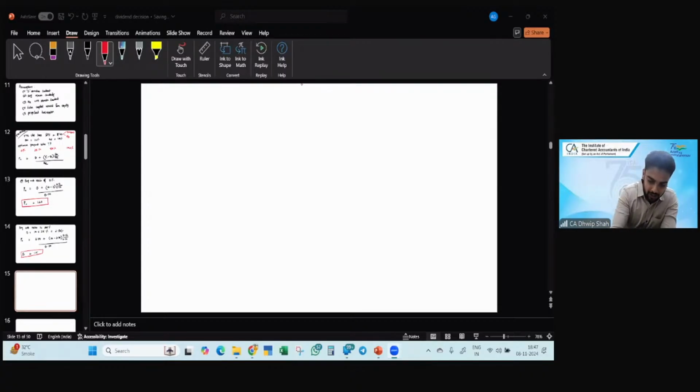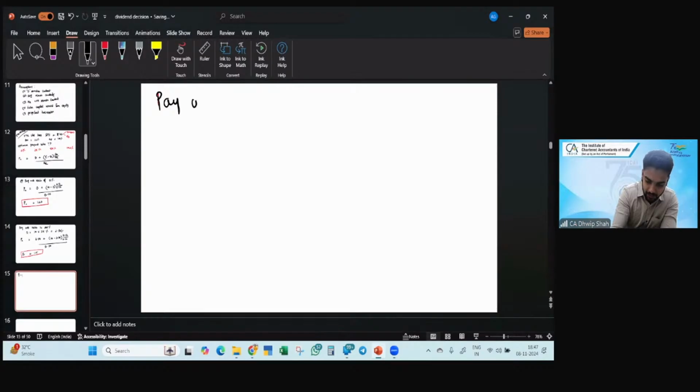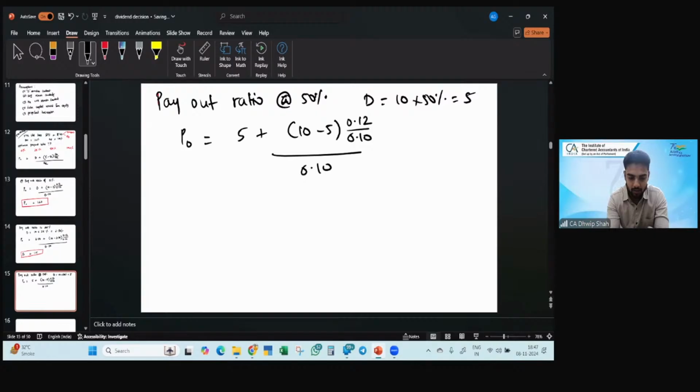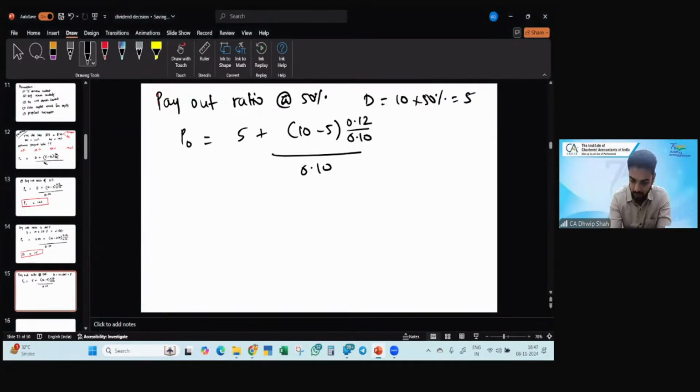Now next, when the payout ratio is 50%, it means 50% of earnings is distributed as dividend. So D in this case would be 10 into 50%, which comes to 5. So P0 is equal to 5 plus 10 minus 5, 0.12 upon 0.1, the whole upon 0.1. 110. Yes, correct.